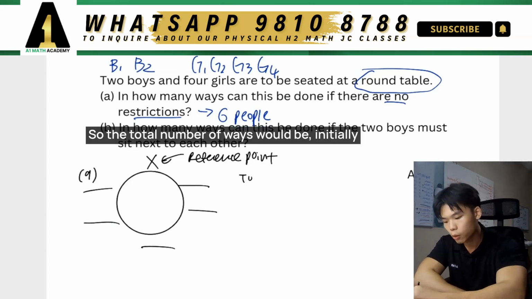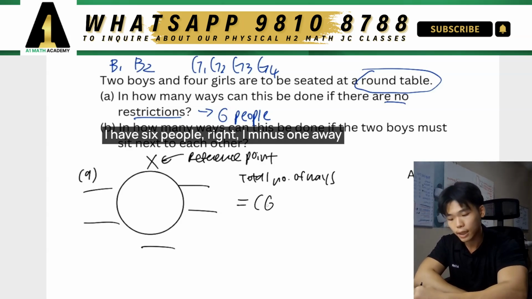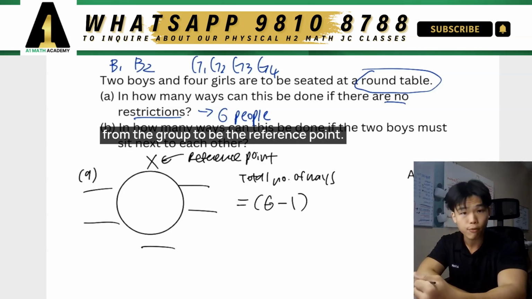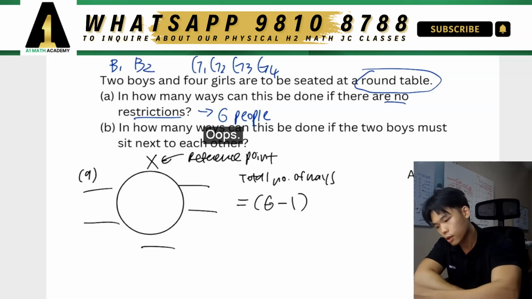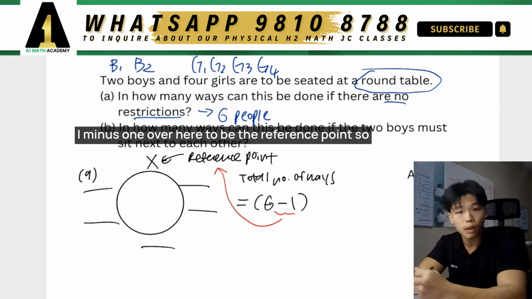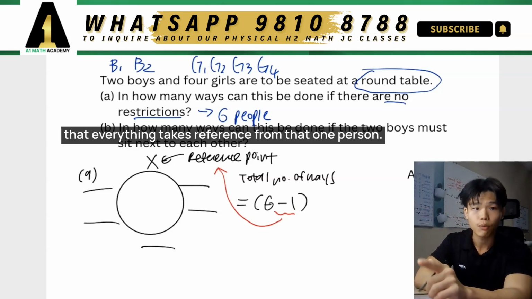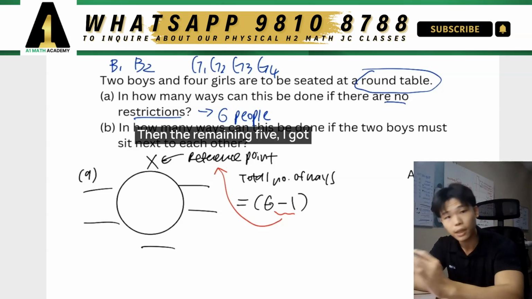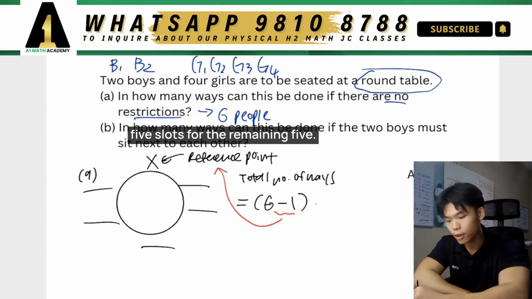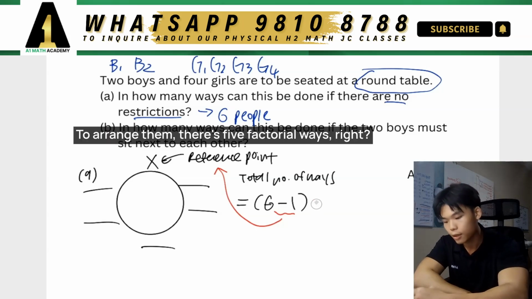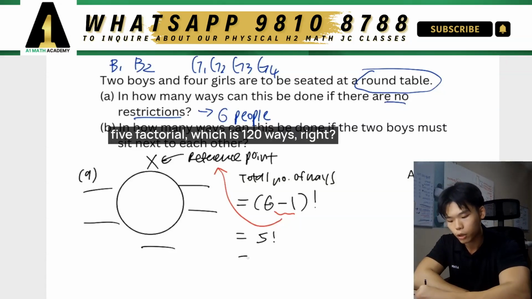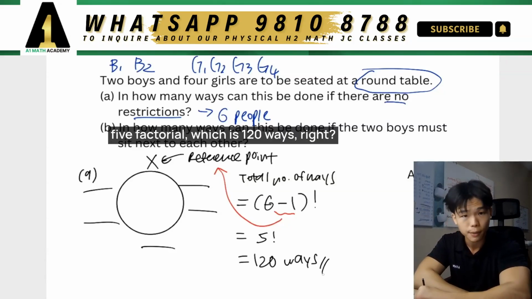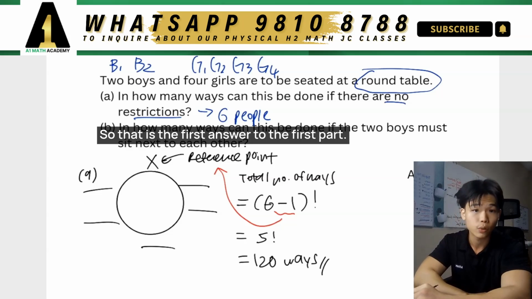So the total number of ways would be, initially I have 6 people, I minus 1 from the group to be the reference point so that everything takes reference from that one person. And then for the remaining 5, I have 5 slots, and to arrange them, there are 5 factorial ways. Therefore, the answer is 5 factorial, which is 120 ways. So that is the answer to the first part.